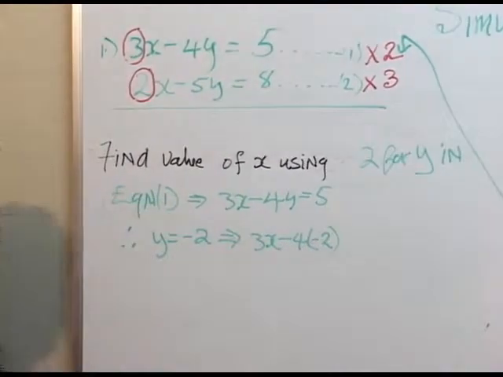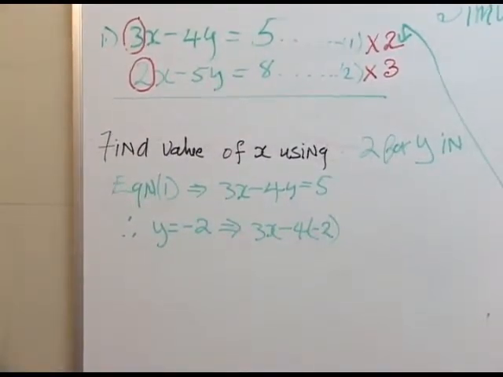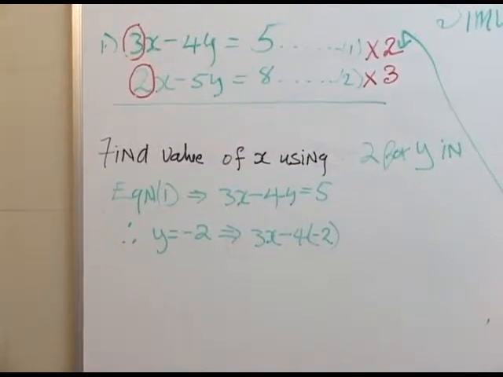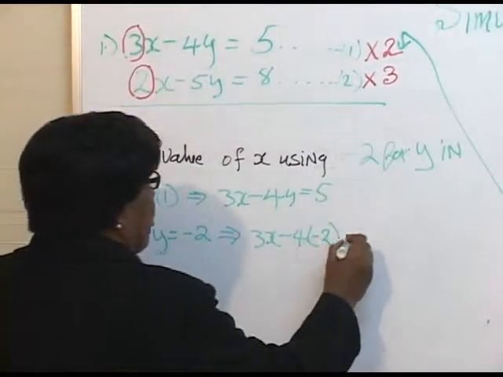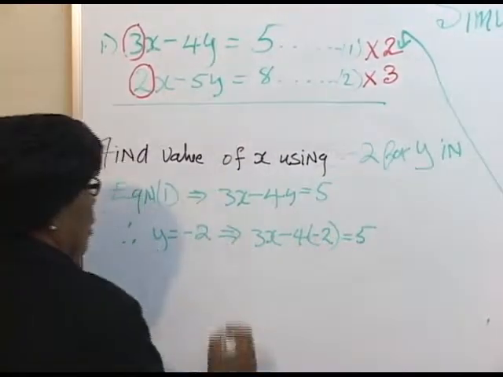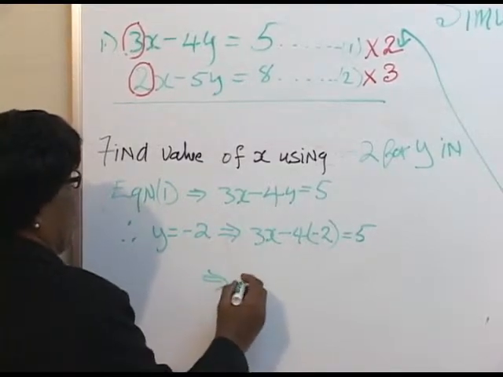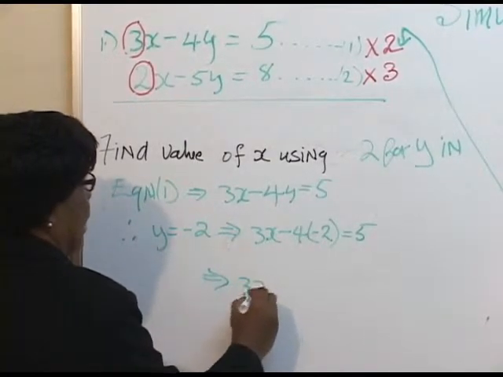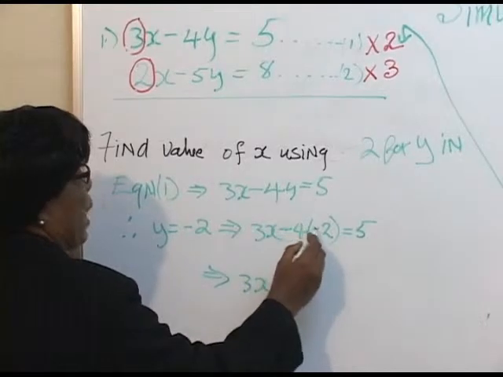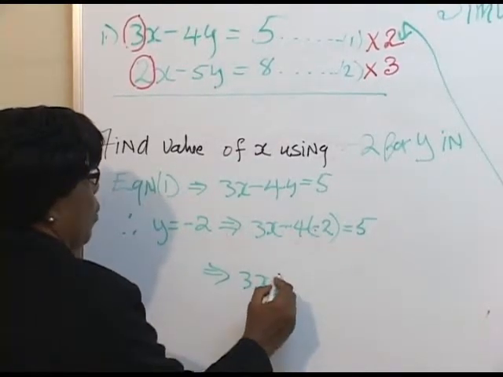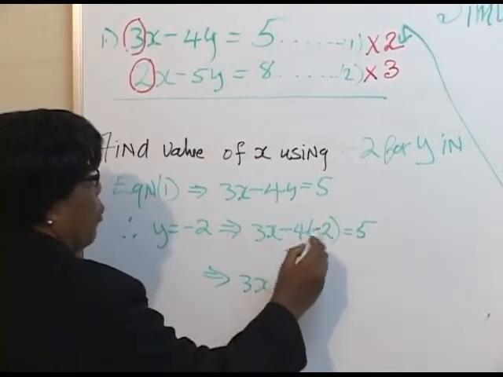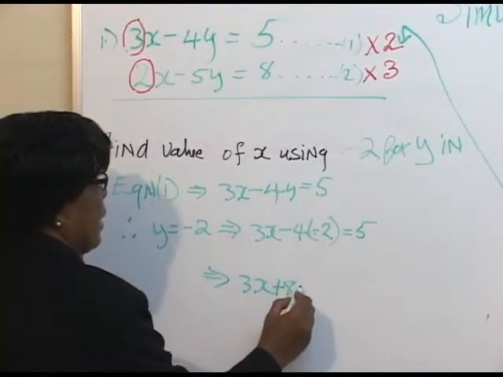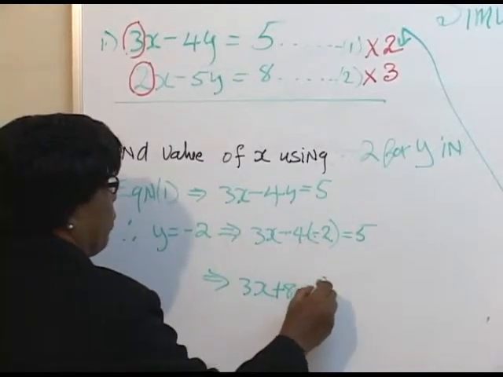We're replacing the value for y. And we can solve this equation. It is 3x. A negative times a negative would give me a positive, and 4 twos would give you 8, and is equal to 5.